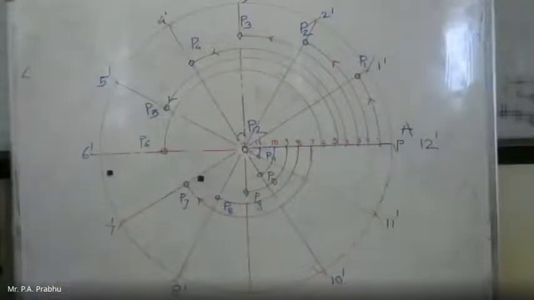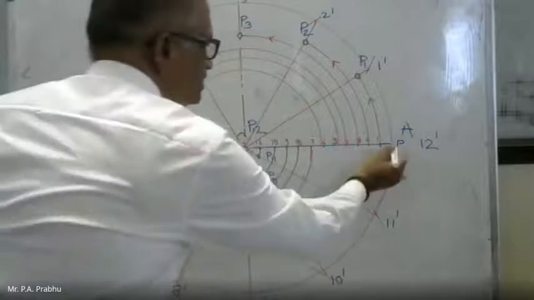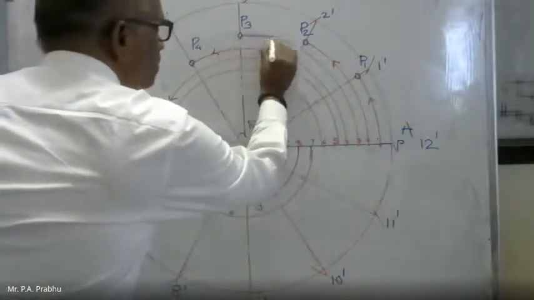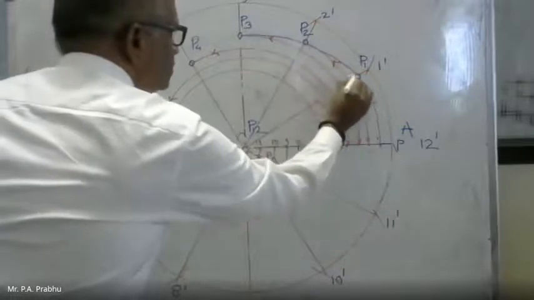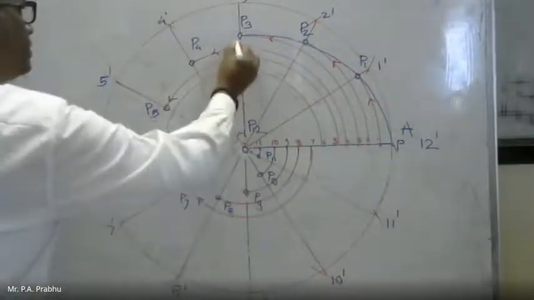Now draw a smooth curve passing through all these points. So my initial position is this one, P1, P2. With a smooth curve, join these points.